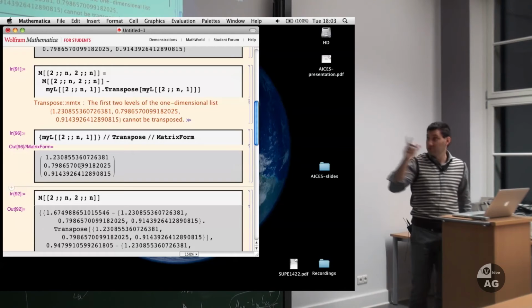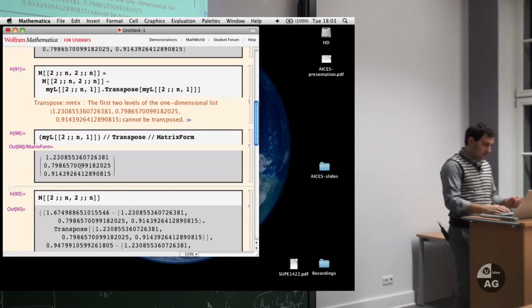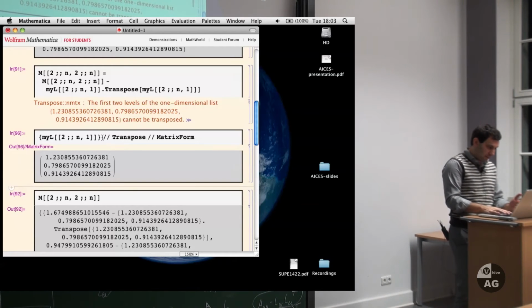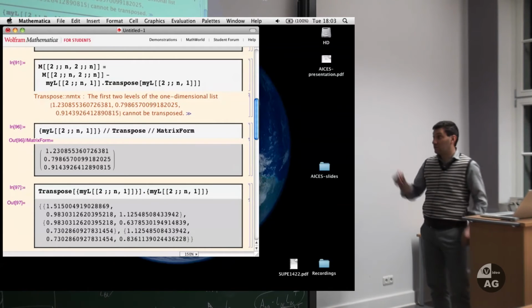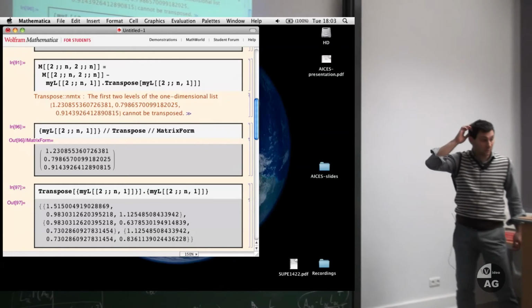Now we transpose that, and what do we get? We get just this. So if we take that and this, and this is the update that we actually wanted to compute.